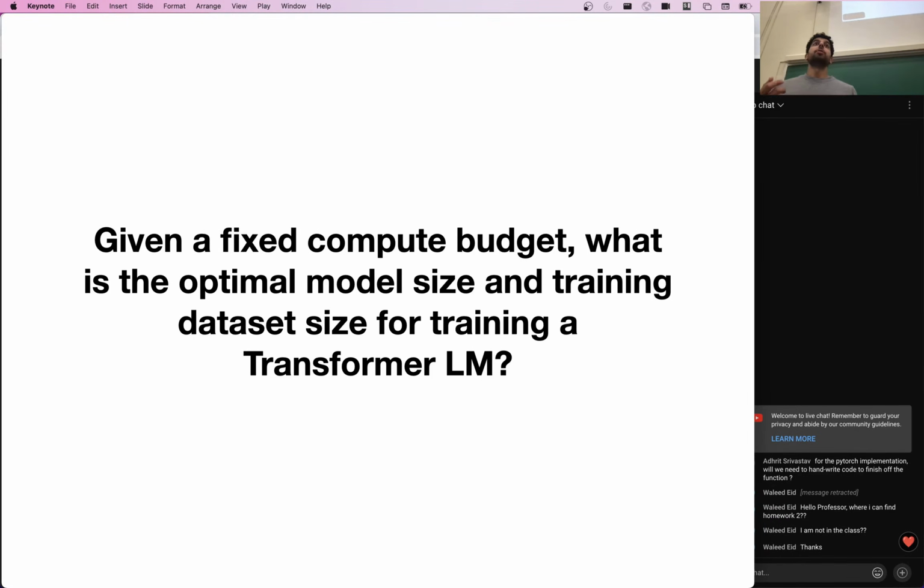Luckily, both OpenAI and Google have done these experiments and released their results so that anyone can, given a fixed compute budget, figure out what the optimal model and data set size for that budget would be, given their constraints.